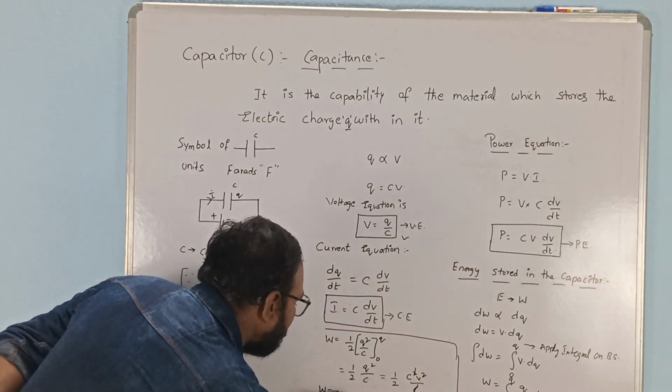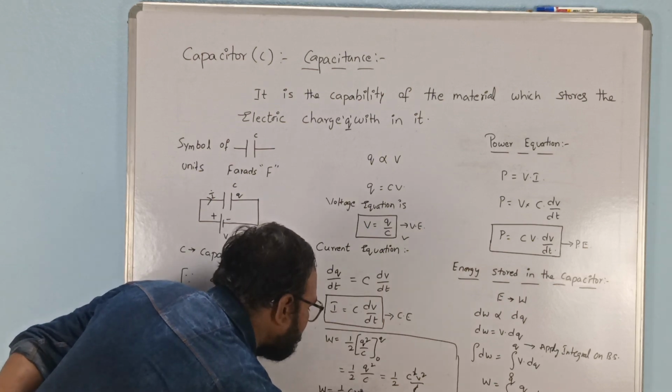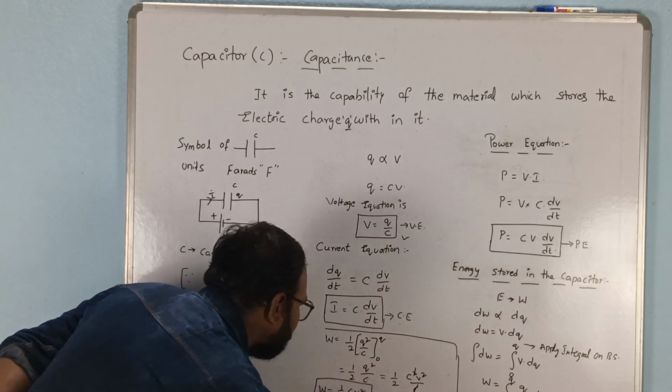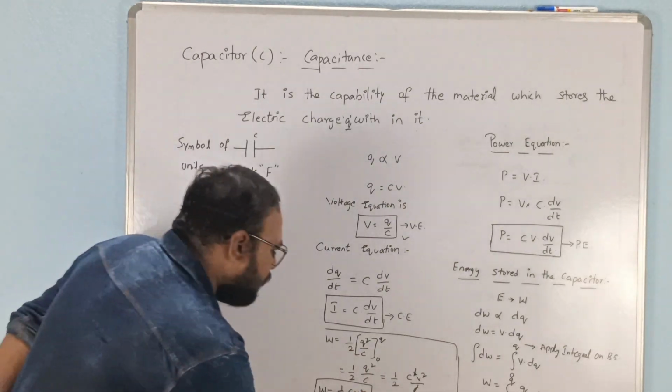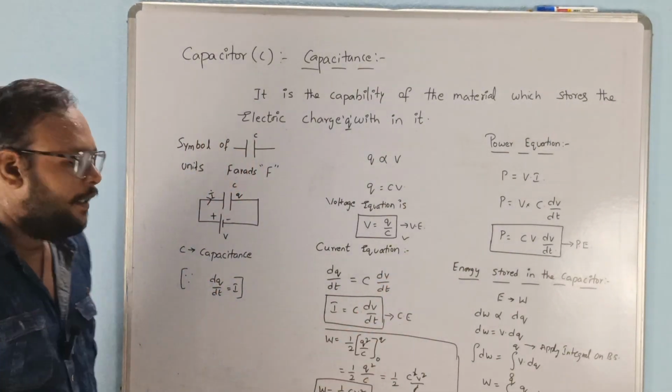Then we get W is equal to half CV square. Is it clear? So this is the work done, or energy stored, in the capacitor.